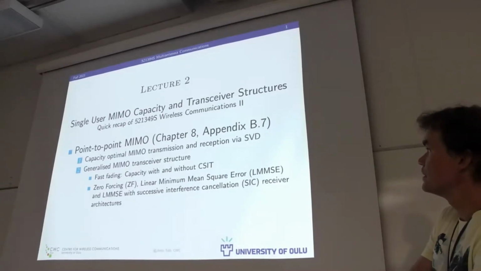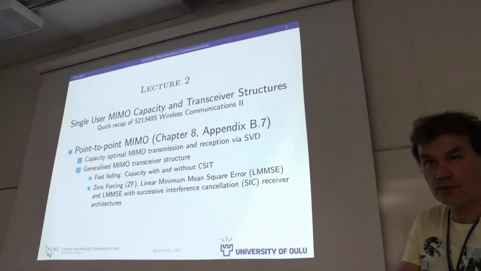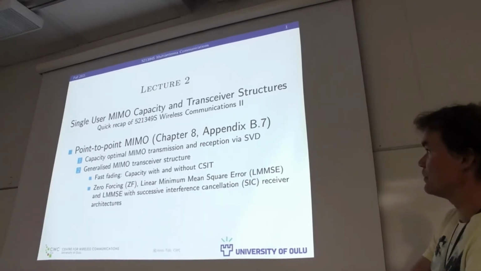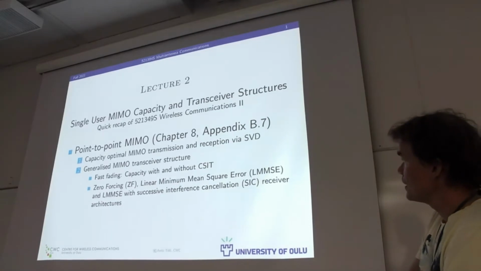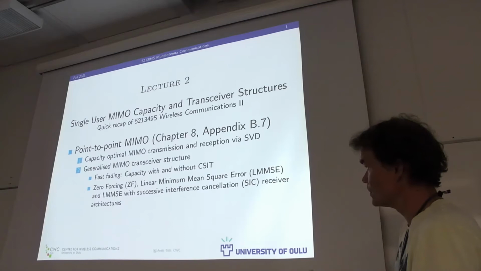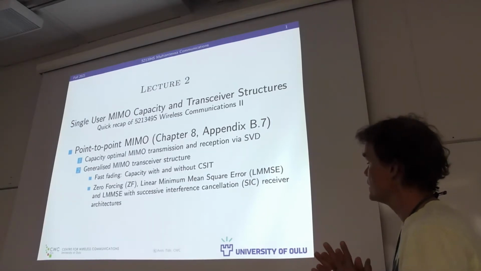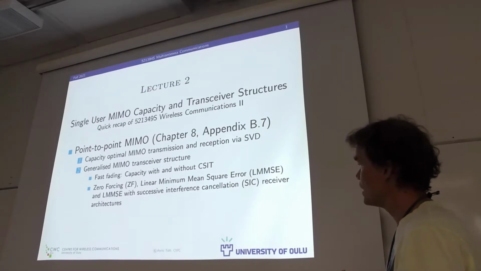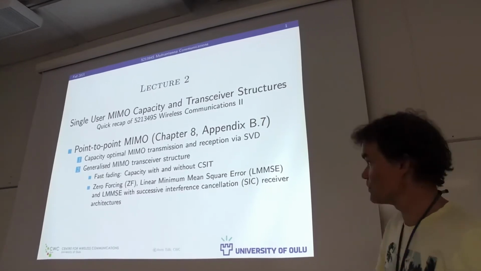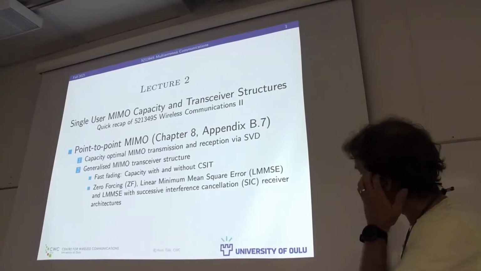Good. All right, so today we will have a brief recap of wireless communication through the last part of it, namely point-to-point MIMO capacity and transceiver structures. If we are able to cover all of it today, if not, we will continue next week. This is based mostly on chapter 8, some content in chapter 7 of the textbook, as well as the appendix.